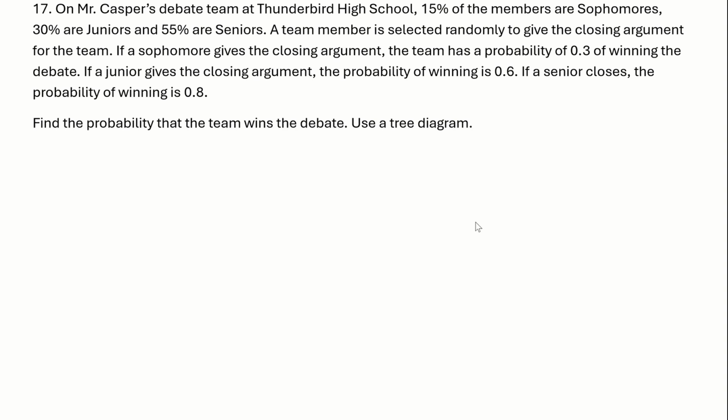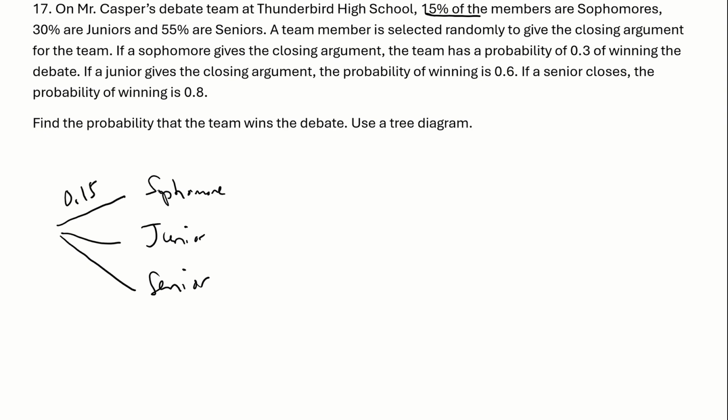Use a tree diagram. So I'm just gonna quickly make a tree diagram. So we got sophomore, junior, and we got senior. Now, it says 15% of the members are sophomores, 30% are juniors, and 55% are seniors. And then, so now, if the sophomore gives an argument, then they could either win or lose, right?